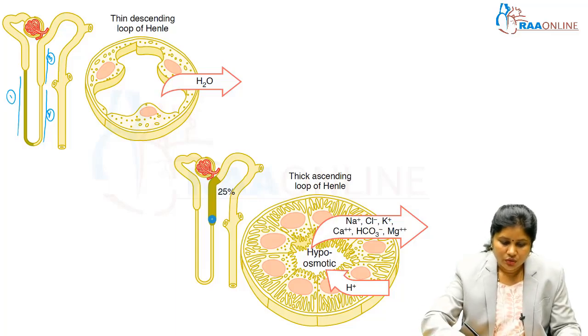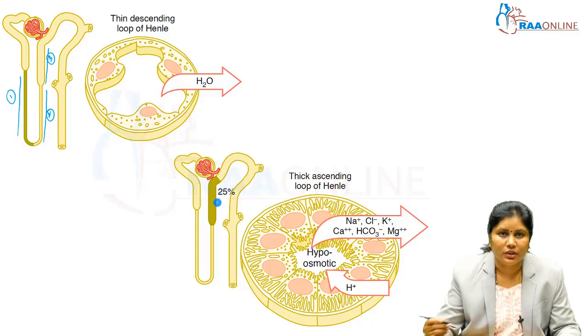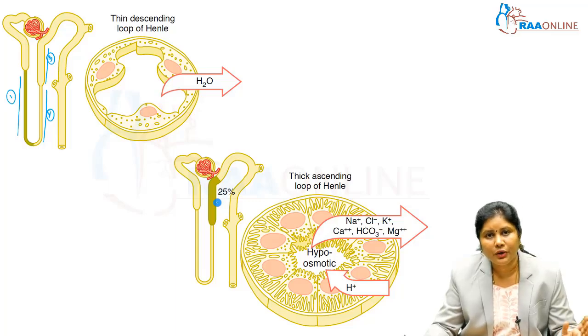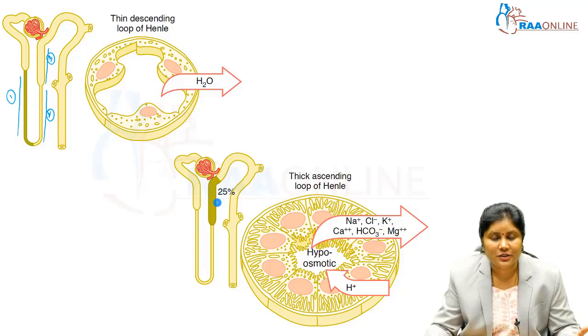Okay, so here the thick ascending limb is very important. Okay, so the thick ascending limb is the one wherein the 25% of the solute reabsorption is taking place. In proximal convoluted tubule, 65% of the solute absorption takes place, and here in the thick ascending loop of Henle, the remaining 25% is taking place.